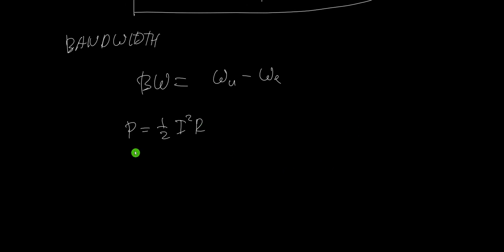The highest power occurs when we are in resonance, P of omega naught, and we can also use the voltage: 1/2 the maximum voltage squared, divided by the resistance R. And at certain frequencies, when omega is equal to the lower frequency, omega L, what will be the power?